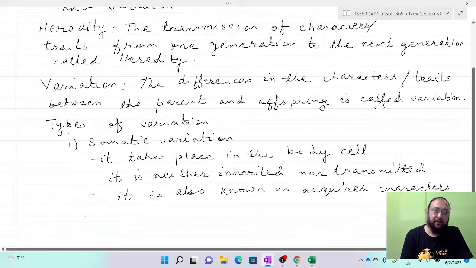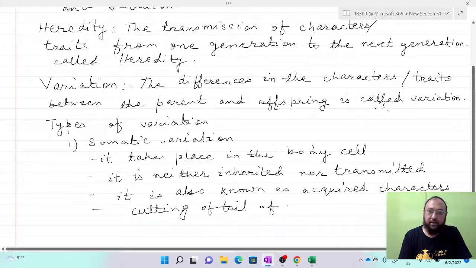Then there is the example, cutting of tails of dogs. That is not by birth. Cutting was done after the birth, so that is not gametic, that is somatic variation. Then the boring of the pinna.